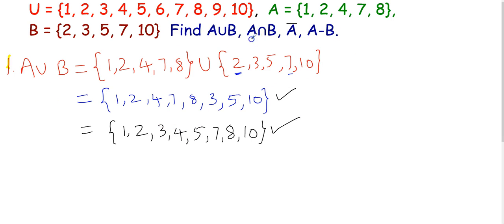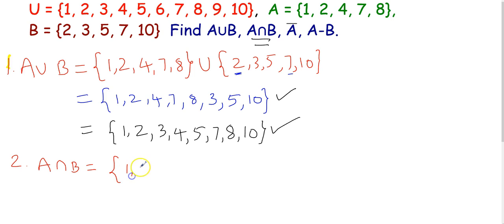Okay. Now the second one is the intersection. How do you find the intersection between A and B? The second is A intersection B. When you want to find the intersection, the common between those two sets, once again, I list all my elements here.